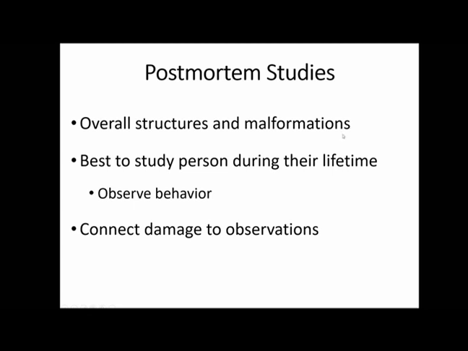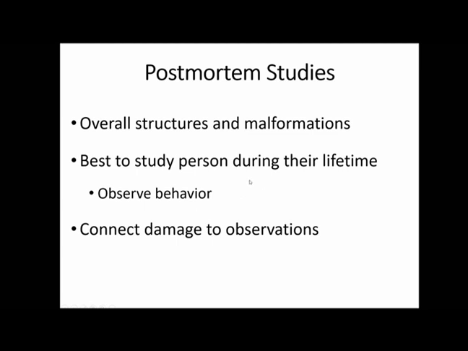So if you could look at somebody's brain and see that they had damage to a particular part of that brain, if you knew anything about that person before they died, maybe you noticed that they had trouble remembering numbers, you could make an assumption that the damage that you're seeing on their brain might have been responsible for their problems with numbers.